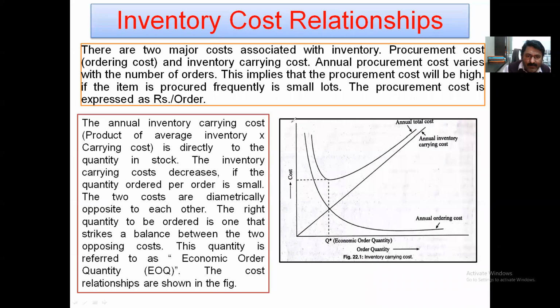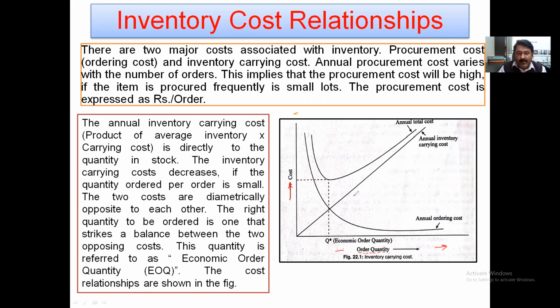So you see here, on this axis y, here is the cost, and here is the order quantity. Now there are two costs: one is ordering cost and one is inventory carrying cost.